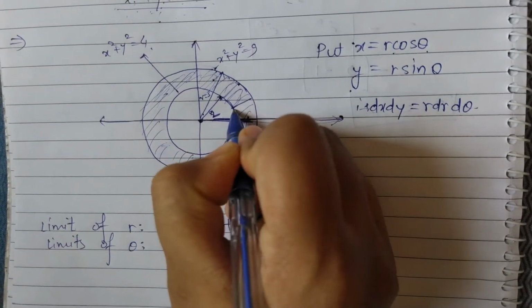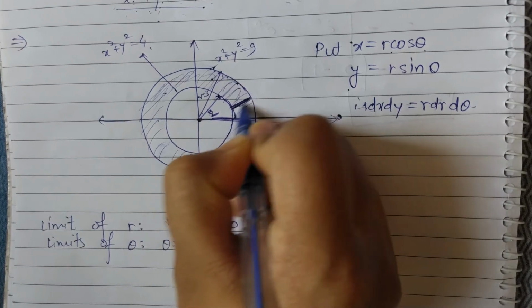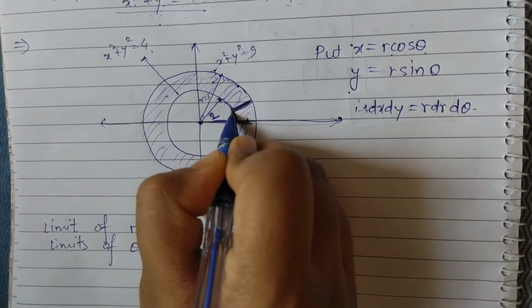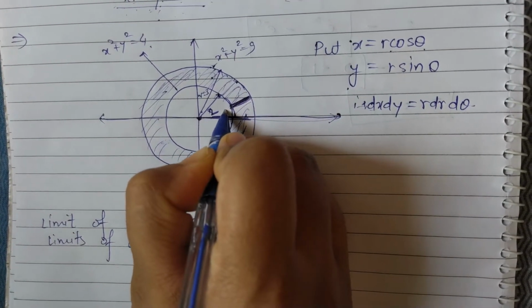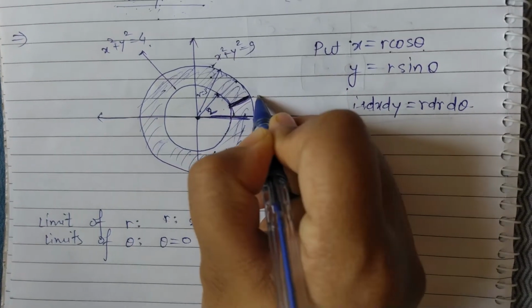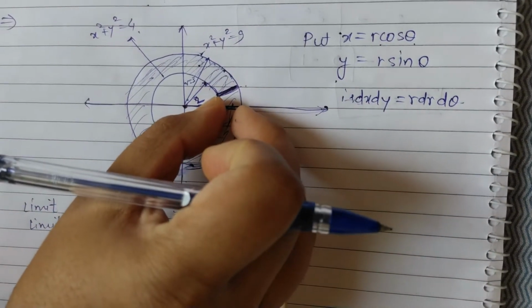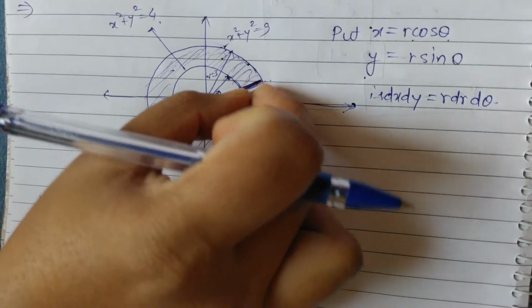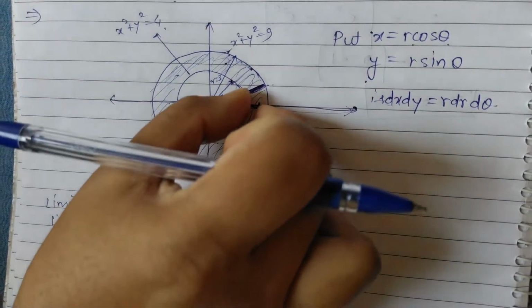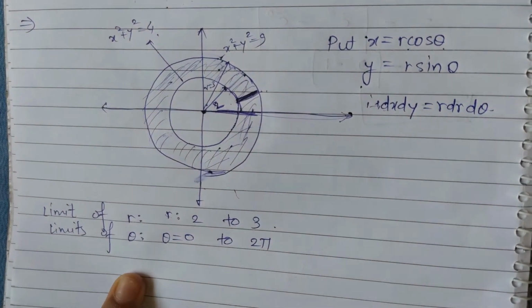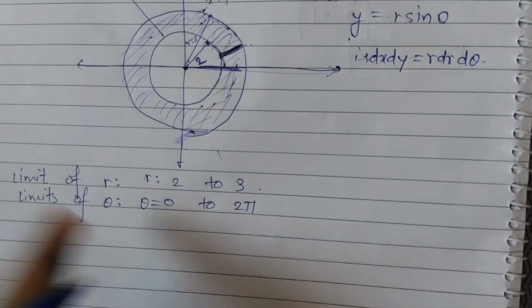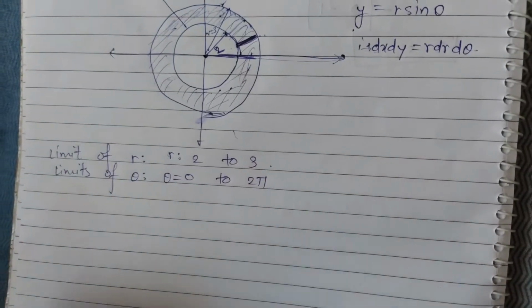That means what we have got here is this strip. This strip has lower limit r equal to 2, upper limit r equal to 3, and this strip starts moving from here, that is theta equal to 0, and moves like this up to theta equal to 2 pi. So these are the limits of r and theta. So we have converted, and also we have found the limits.